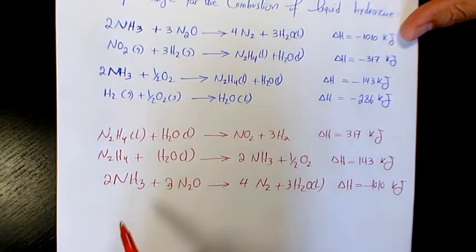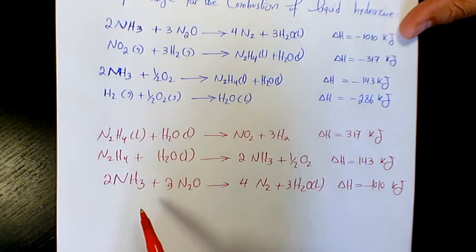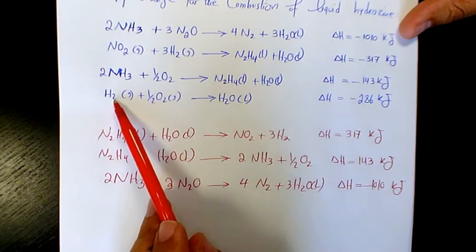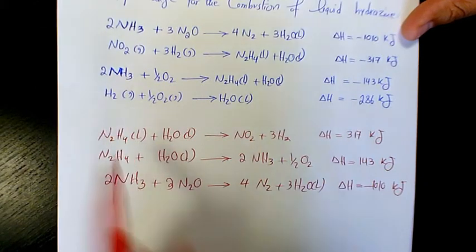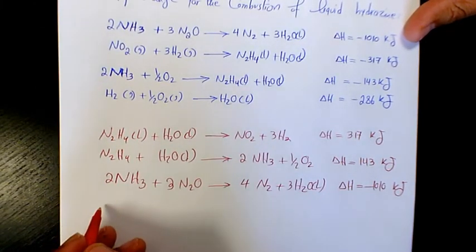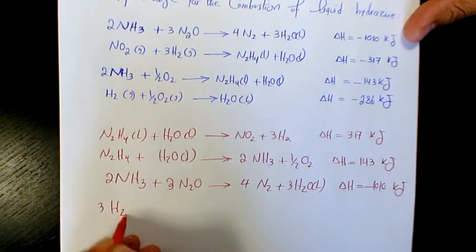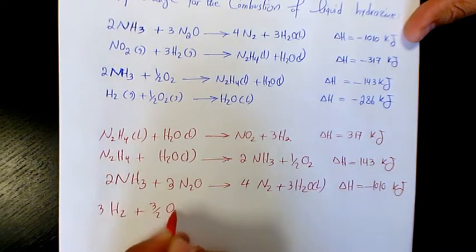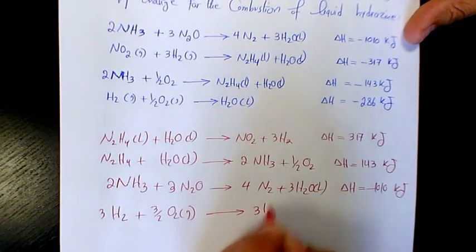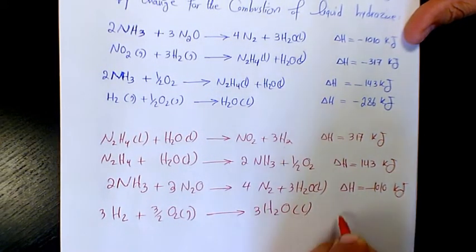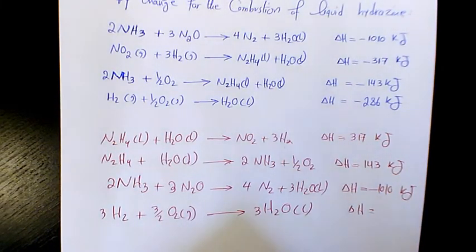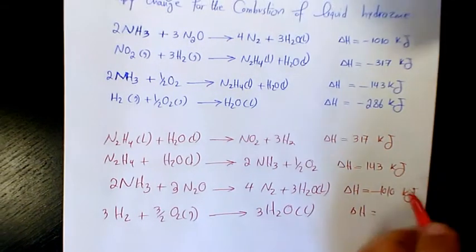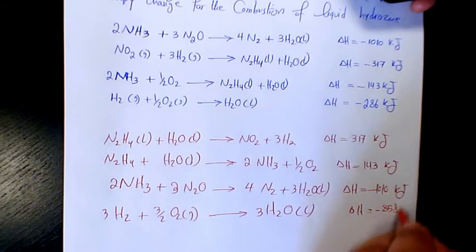So what else we have? We have H2, and here we have H2, so it means that we need to multiply this one by 3. So we have 3H2 plus 3/2 O2 gives us 3H2O liquid. It's going to be 286 times 3, 858 kilojoule.